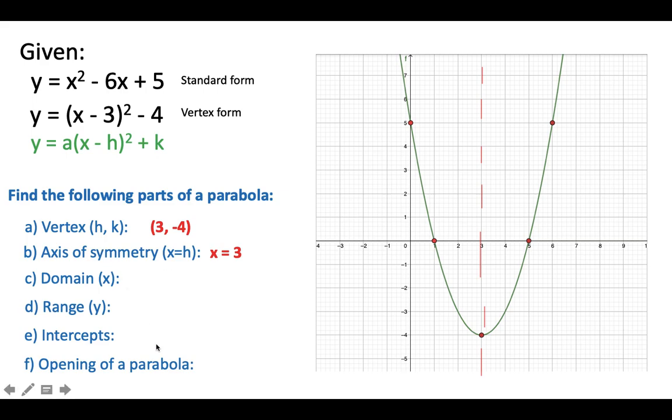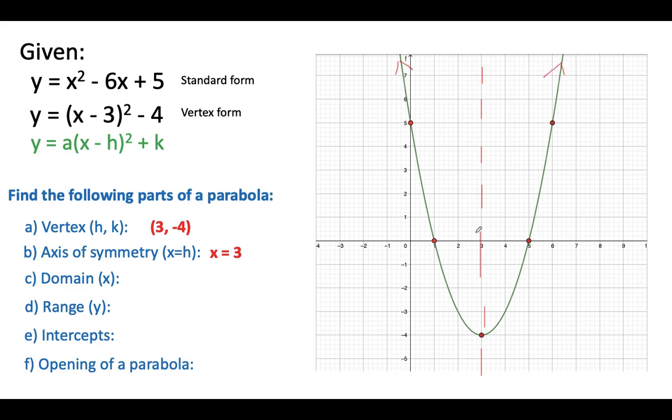Okay, how about the domain? So the domain is the set of all possible values of x. Do you think that all values of x will be covered by this parabola? Yes, because as you notice, the parabola opens, it spreads going to the left and going to the right, because this parabola continues to go on forever, so it keeps on expanding.